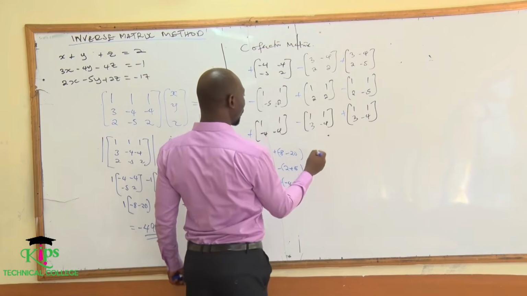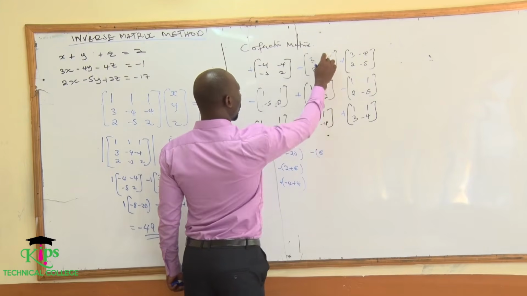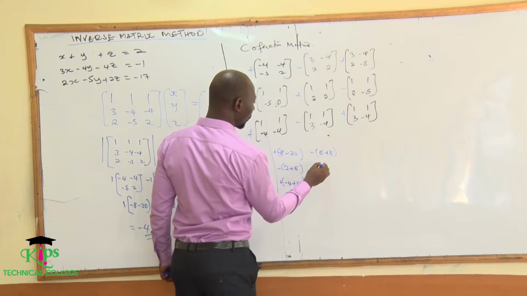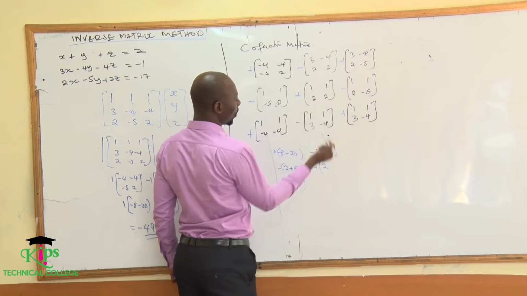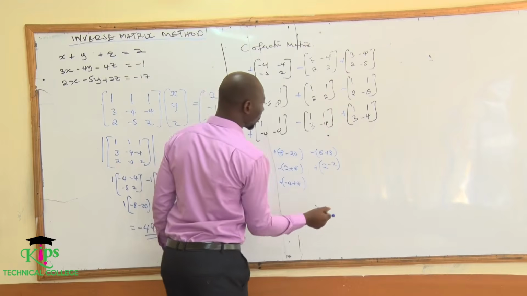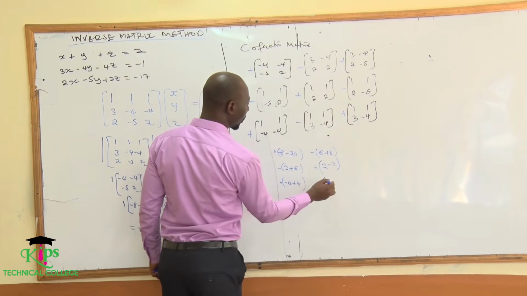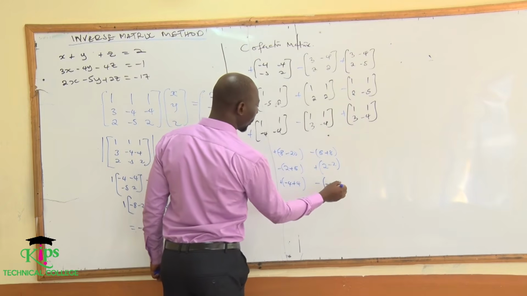Then in this column is negative, that is 2 by 3, that is 6. Negative 8, negative and negative becomes positive. Then the positive sign, 2 by 1 is 2, 2 by 1 is 2, minus 2 in that format. With the negative sign here, 1 by negative 4 is negative 4, 3 by 1 is 3, then minus 3.